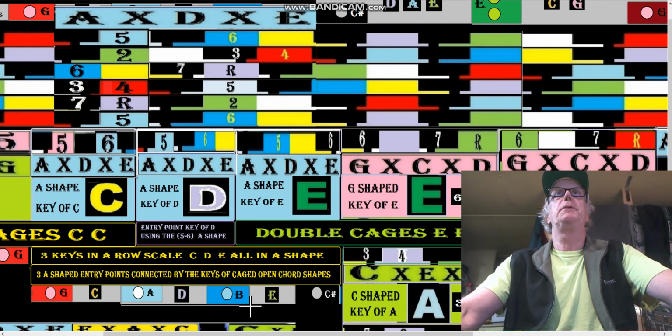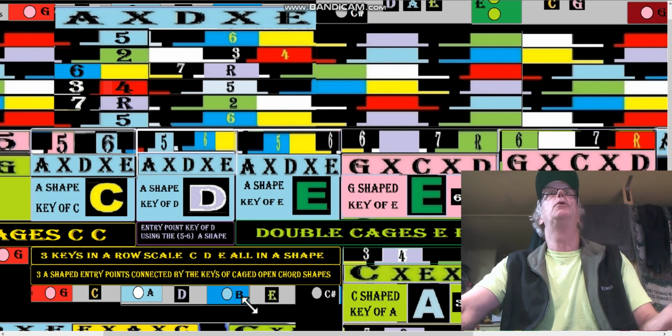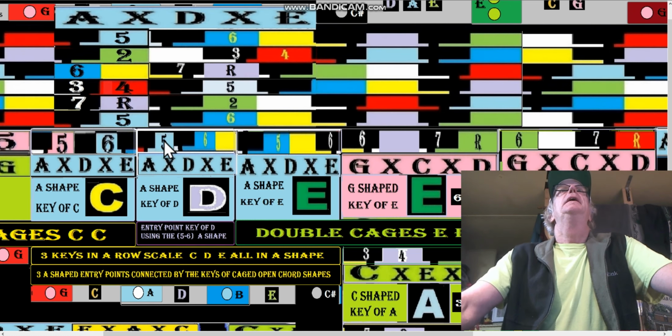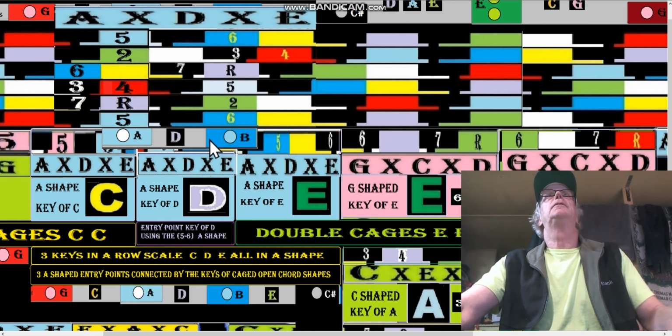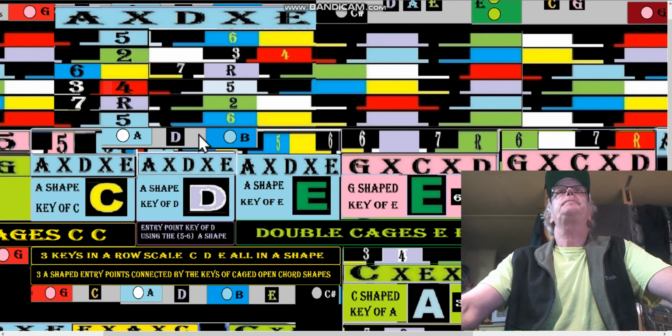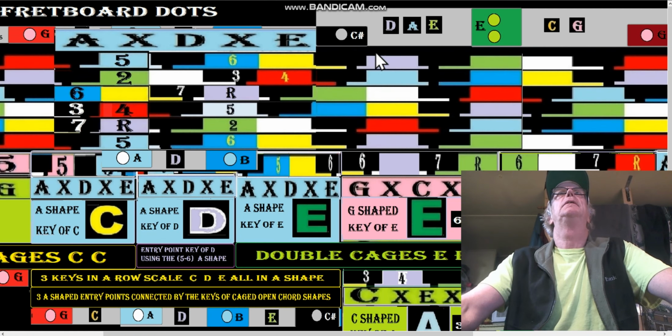So entering between the two dots, I'll put them right here. I'll grab them and put them back on the board here. They'd be at this 5, 6 right here. These would be our dots, in the B fret and the A fret, and this would be our entire tri-pentatonic.